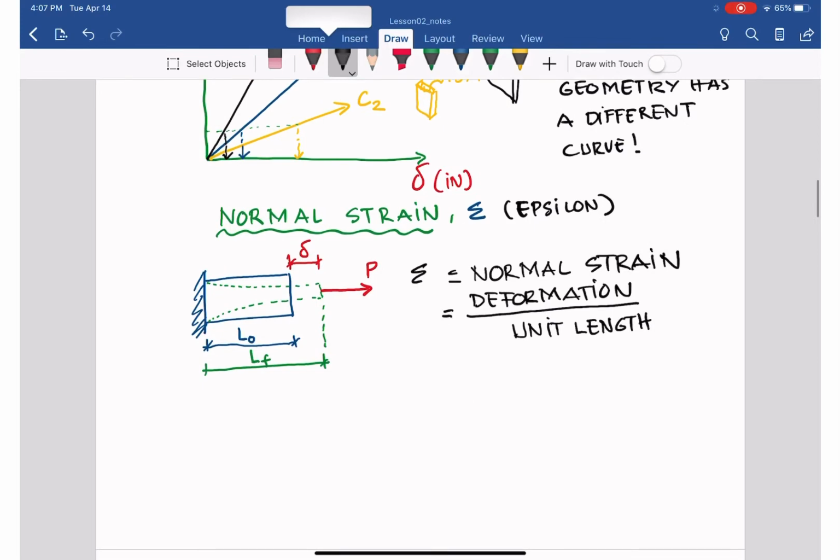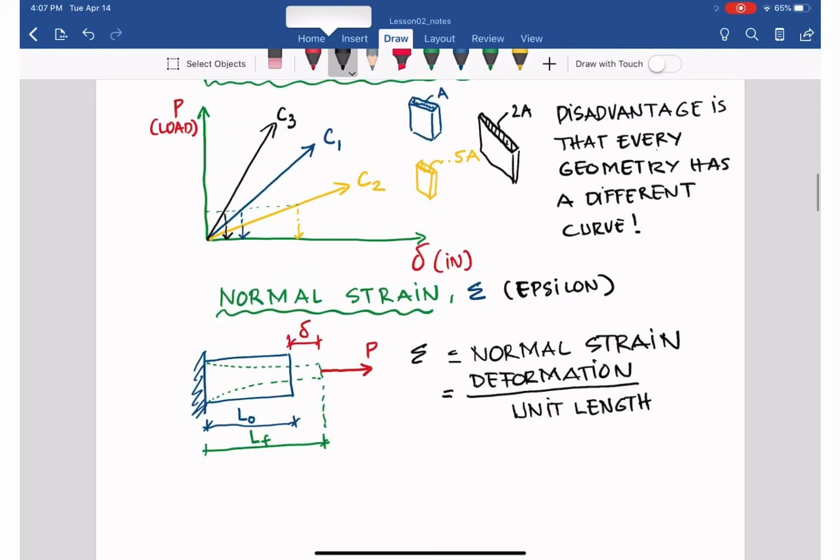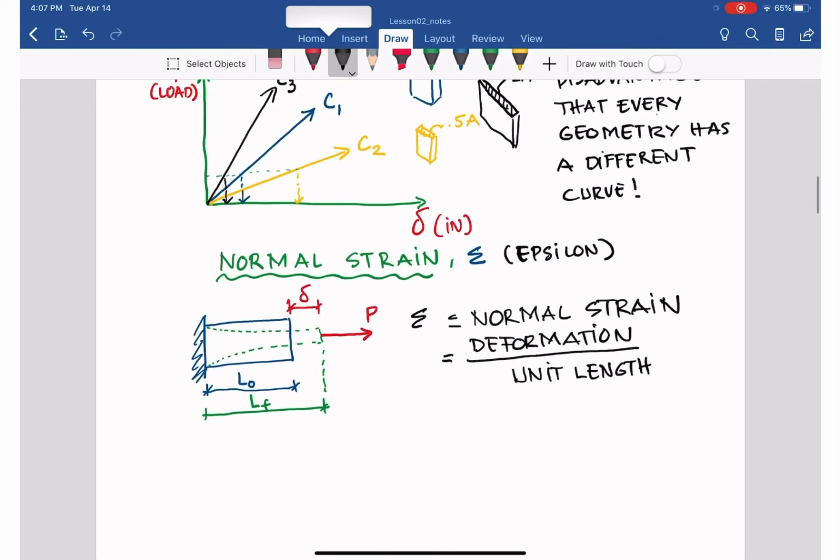In equation form, the normal strain epsilon equals the deformation delta, which equals LF, the final length after deformation, minus L0, the original length, over the original length of the body.